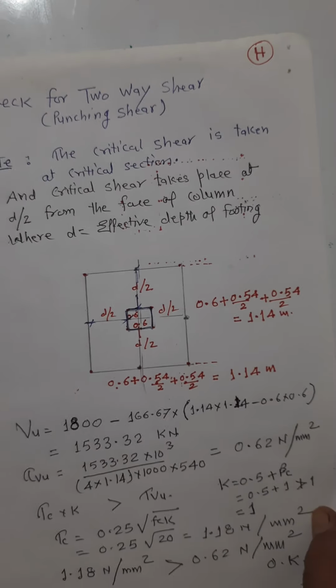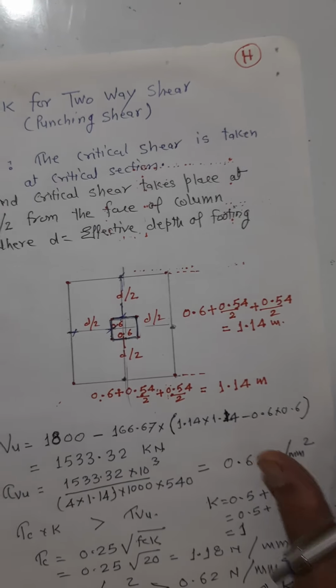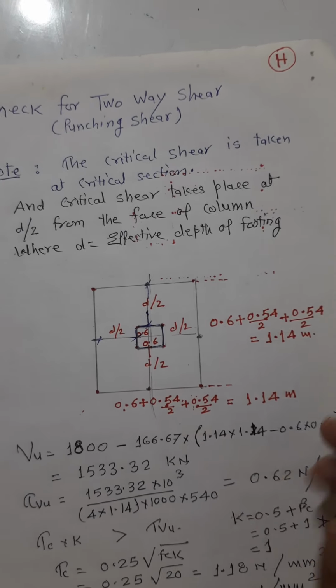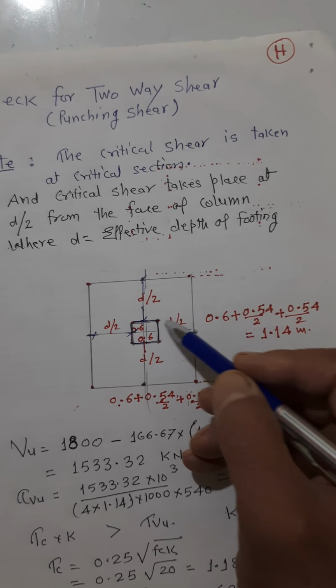After this, we will have to apply one important check, that is check for punching, that is two-way shear. As we already know, the punching or the critical shear takes place at a distance of effective d by 2 from the face of the column.